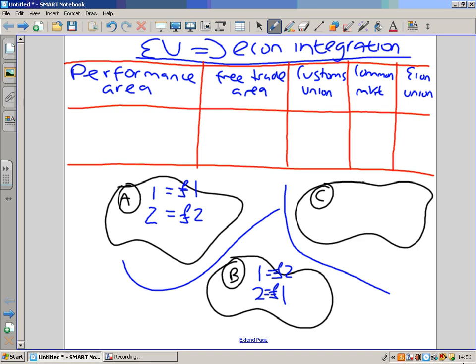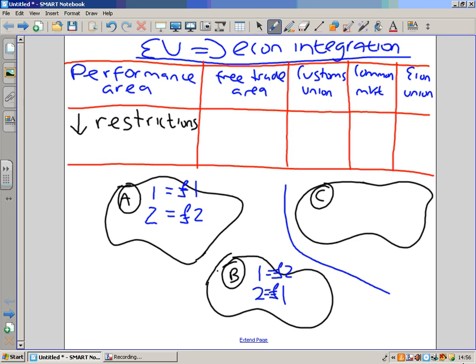Now what will happen is when we create a preferential trading area, maybe country A and country B can see benefits of trade. What they will do is remove the majority of the trade restrictions between the members. So what we can see has happened for a preferential trading area is that we've reduced trade restrictions between countries.